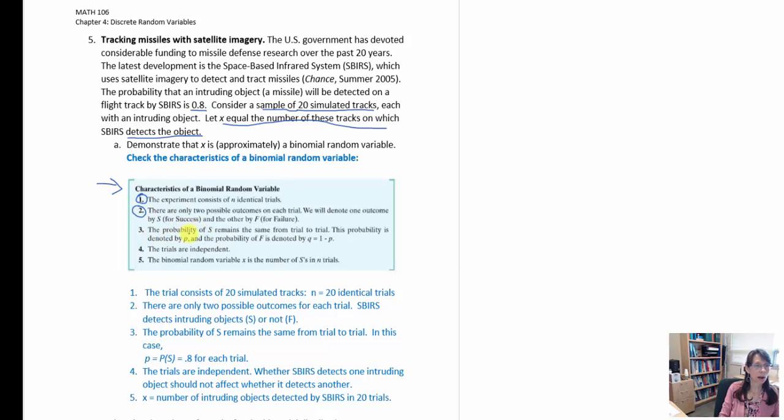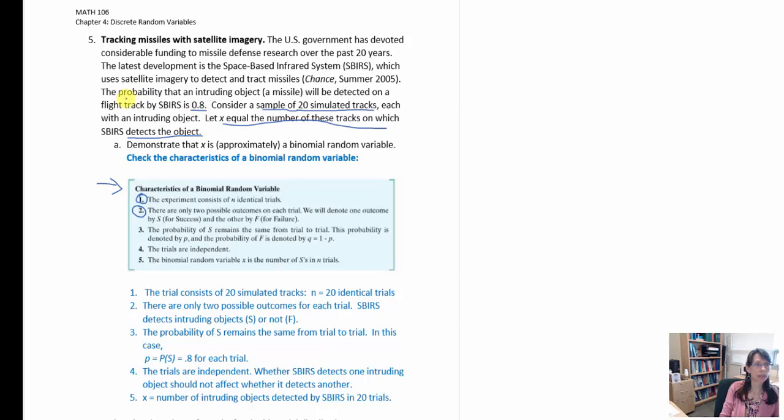So we have satisfied number two. Number three, the probability of S remains the same from trial to trial. This probability is denoted by p, and the probability of F is determined by q equals 1 minus p. So F represents failure, and that's found by taking 1 minus your probability of success. So we have a probability given here.